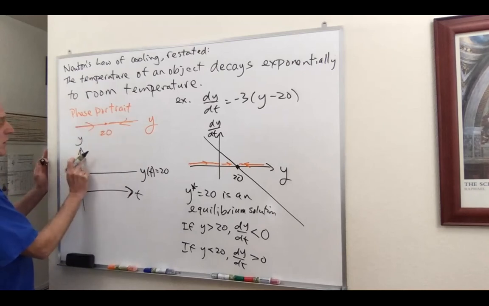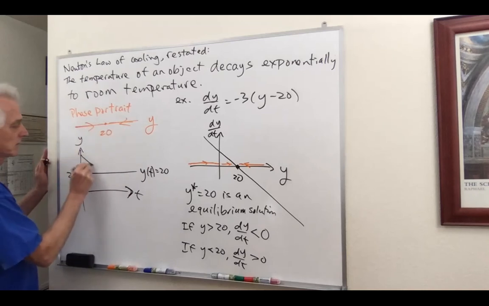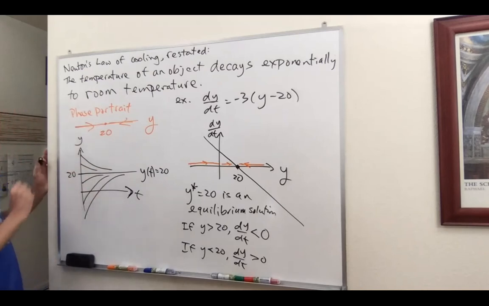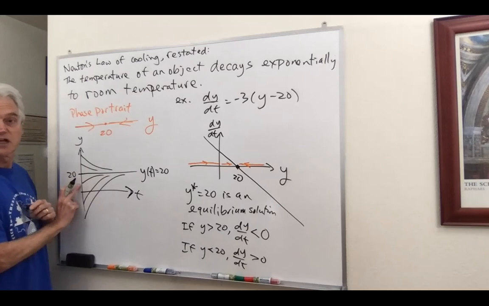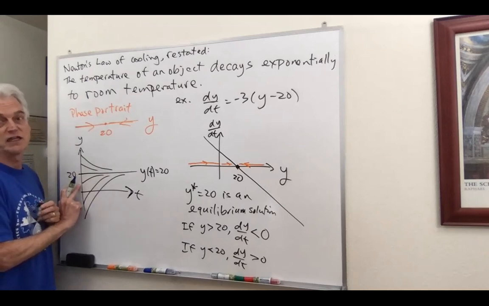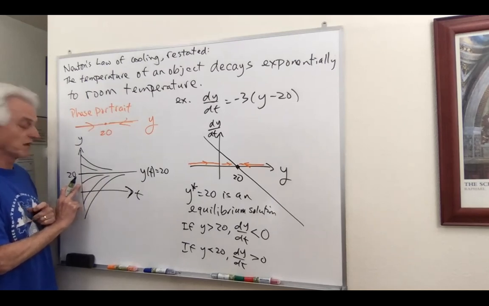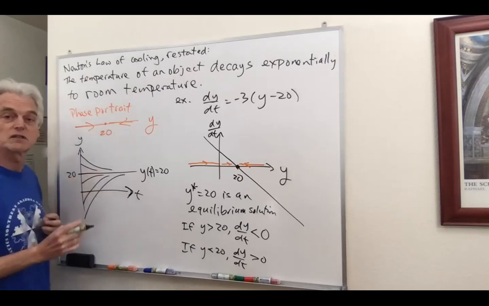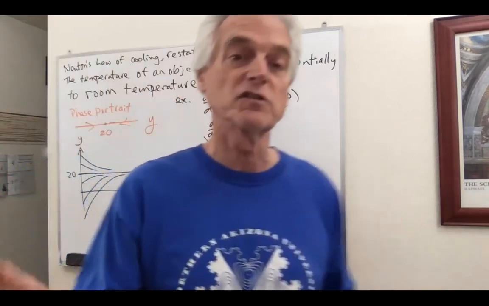If temperature is above 20, I decrease. Temperature is below 20, I increase. All right. And this kind of makes sense for the Newton's law of cooling too. If I don't have a coffee cup, but I have a cold drink, soda or something that's colder than room temperature, the temperature will increase and approach room temperature as time goes on.